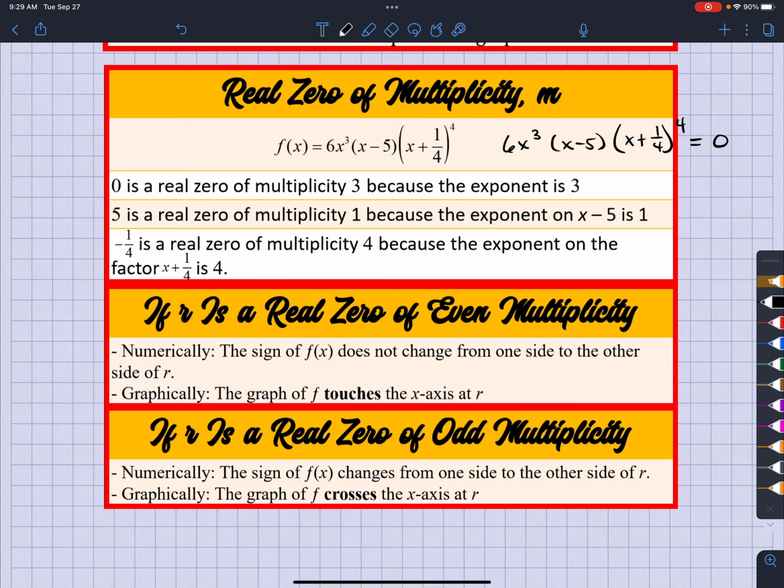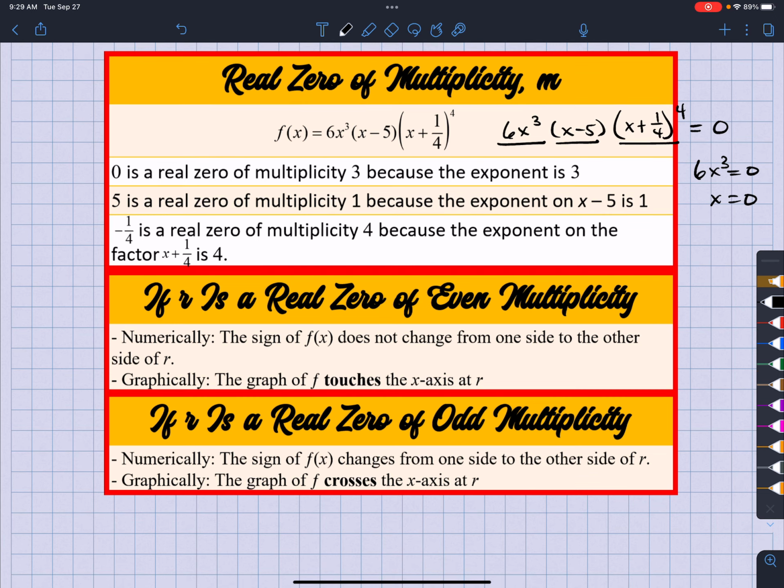Then I'll set each factor equal to 0. 6x to the third is equal to 0, and solving for x, x comes out to be 0. I set x minus 5 equal to 0, then x is going to equal 5. If x plus 1/4 equals 0, then x is going to equal negative 1/4. With that being said, you can see my real zeros are at 0, 5, and negative 1/4.